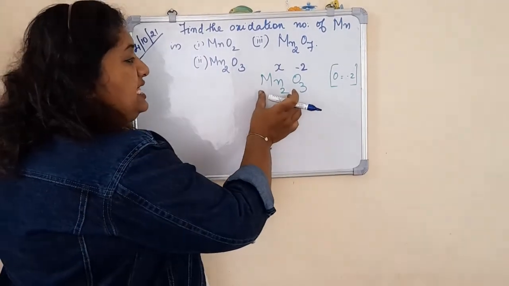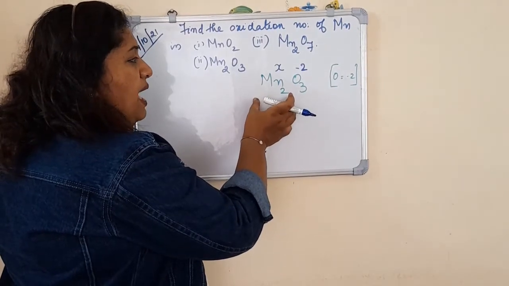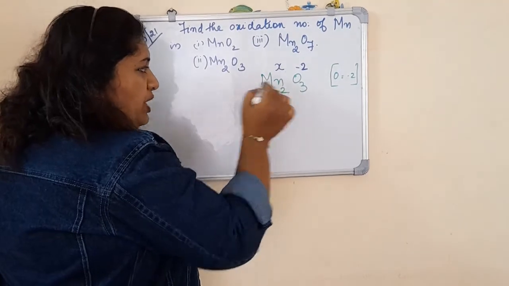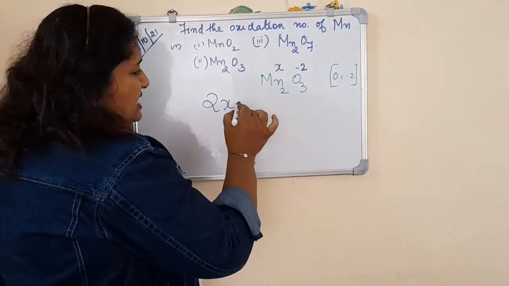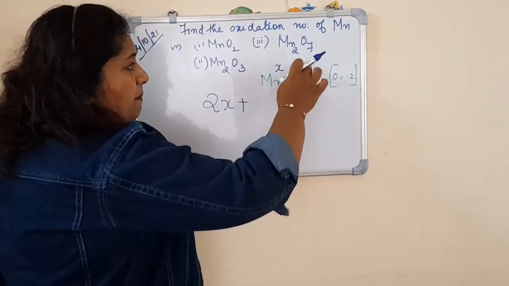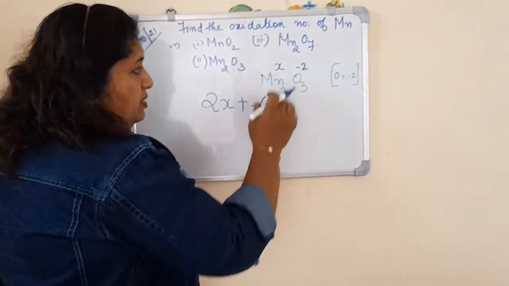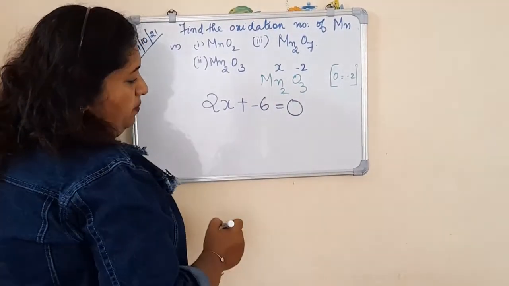But here you can see there are two manganese atoms. So when two manganese atoms come, don't be afraid, no problem. Just multiply 2 into x. You get 2x plus minus 2 into 3, minus 6. 2 3s are 6, isn't it? Is equal to 0.